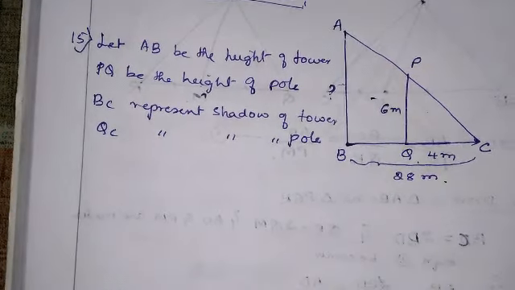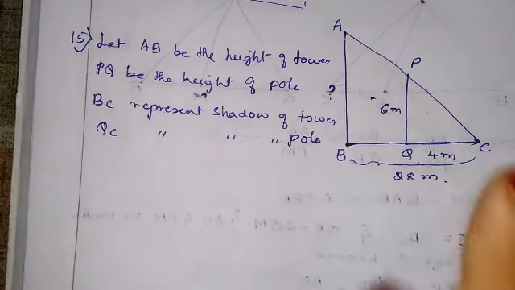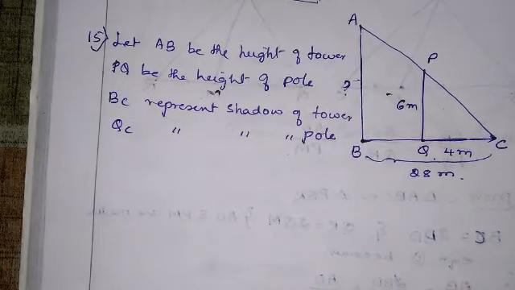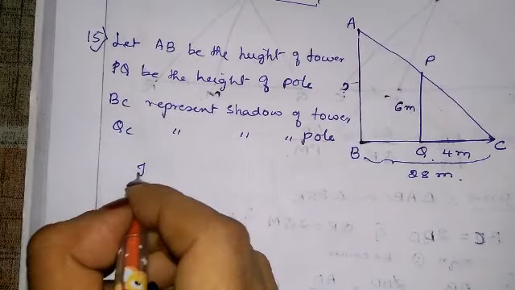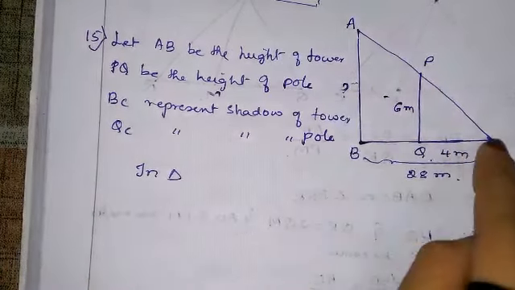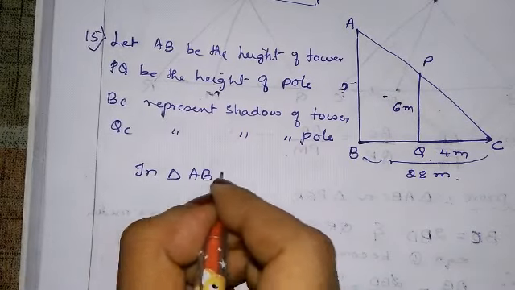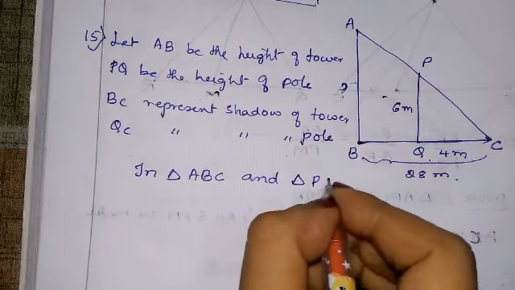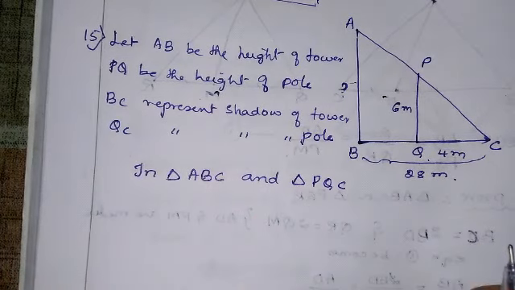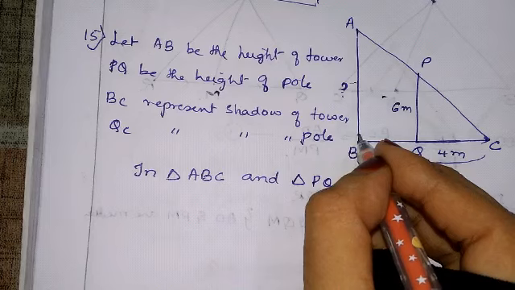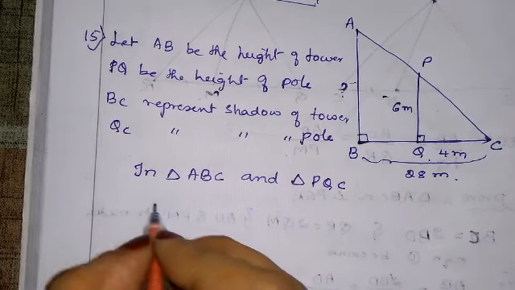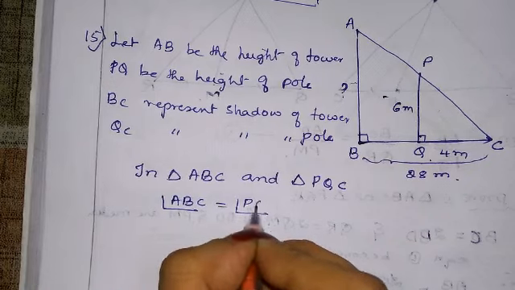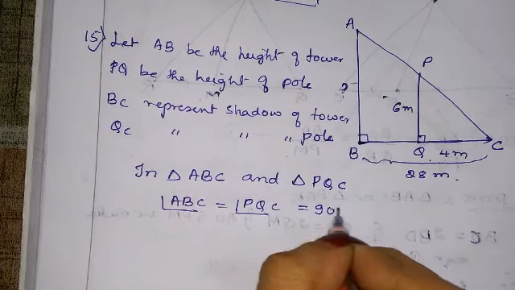Now find this AB they have told. We will take two triangles. We don't know whether they are similar or not. First of all, I'll take the whole triangle ABC and triangle PQC. We can see here these angles are 90 degrees. So we can write angle ABC is equal to angle PQC, both are 90 degrees.